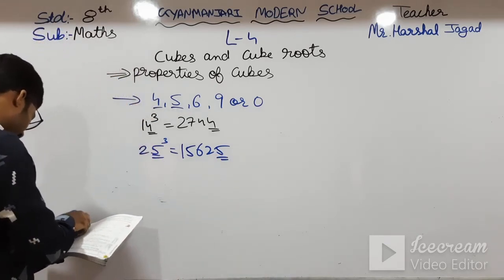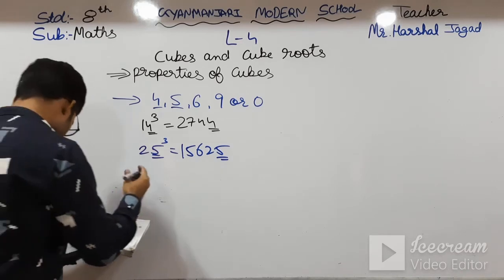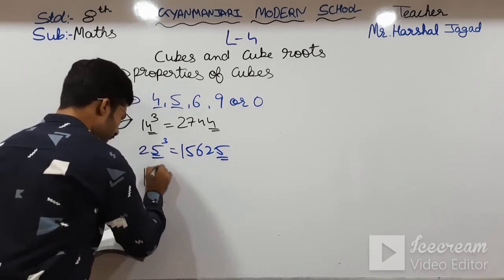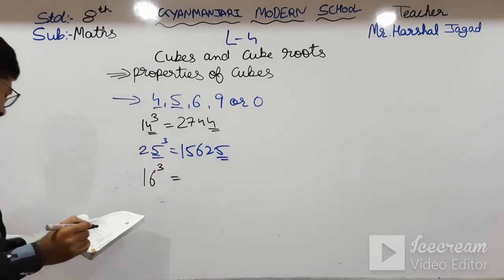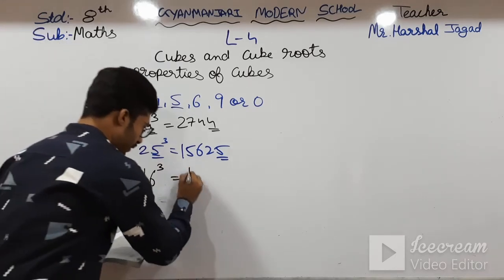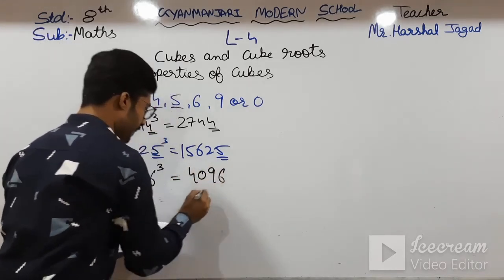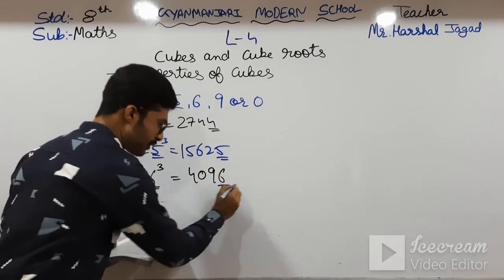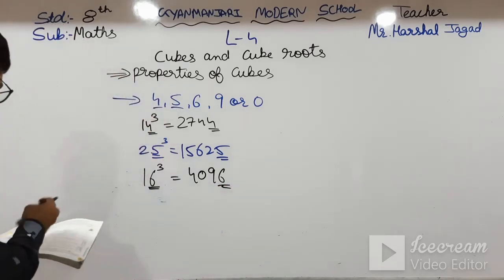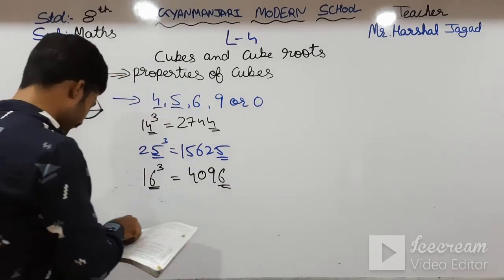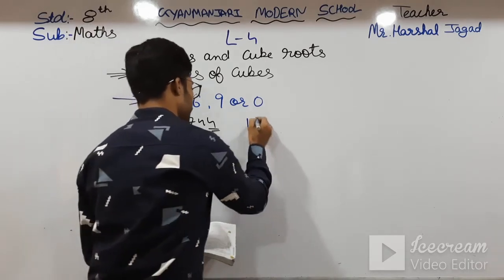Next is 16 cube. What is 16 cube? That is 4096. Here 6, here also in the unit place 6. Okay students, next is 19.